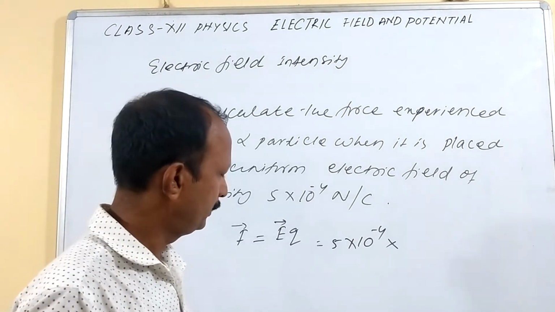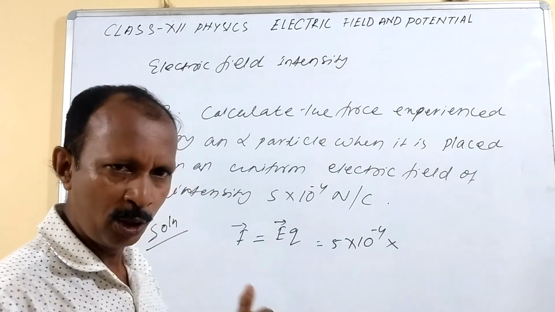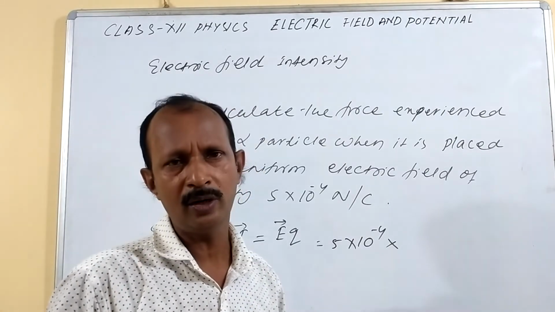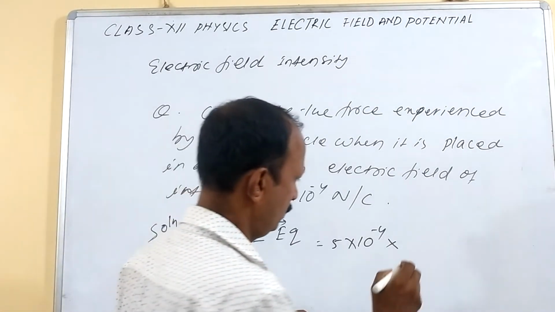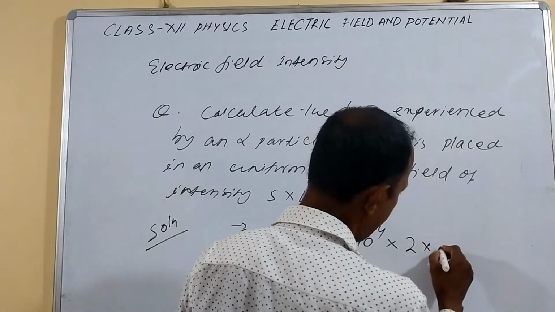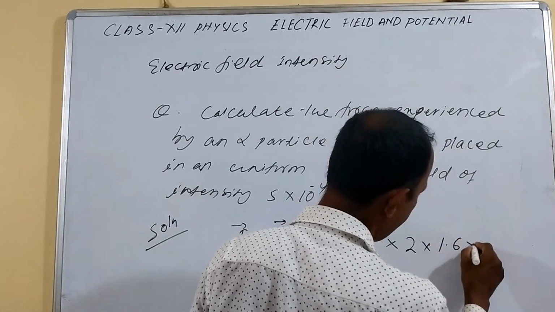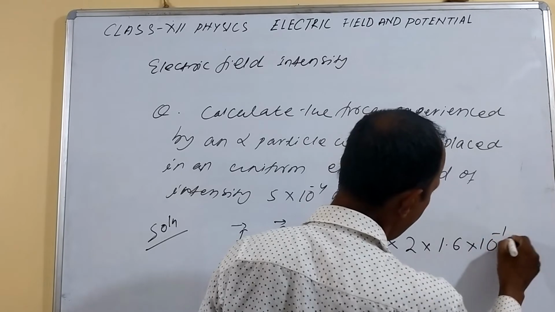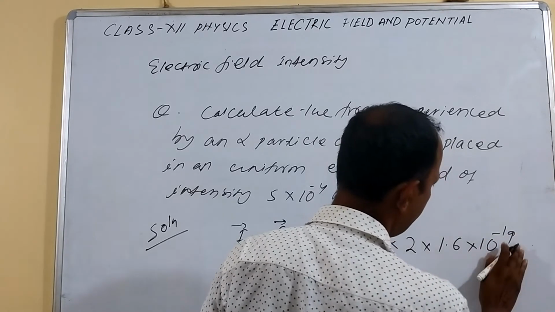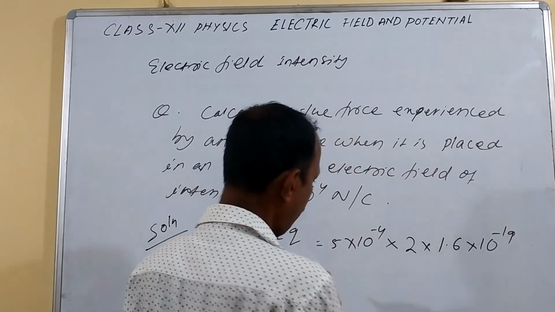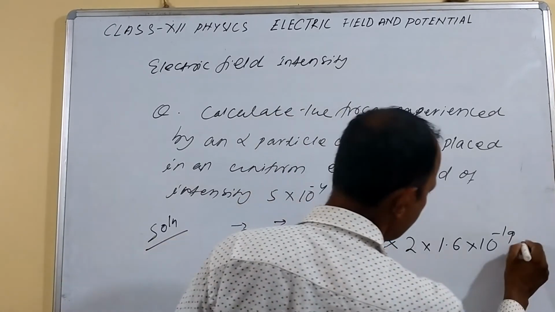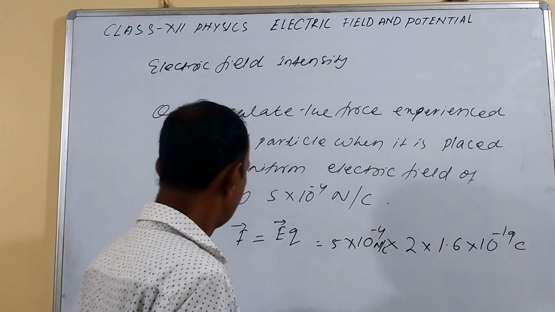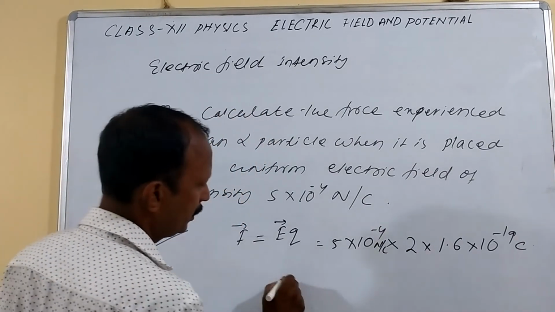Alpha particle is a positively charged helium nucleus, which contains 2 protons. So I can say 1.6 into 10 to the power minus 19 coulomb. Here this is Newton per coulomb, this is coulomb.